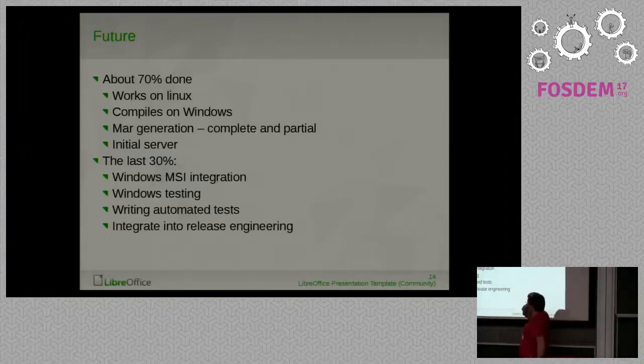We can generate the MAR files, complete and partial. It's part of the build system, at least in my branch. You can tell it to generate these MAR files, and they end up in workdir and the initial server. So I think about 70% is done, but we still have a few things.